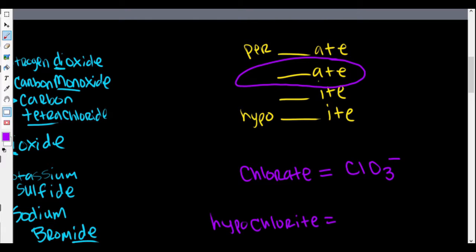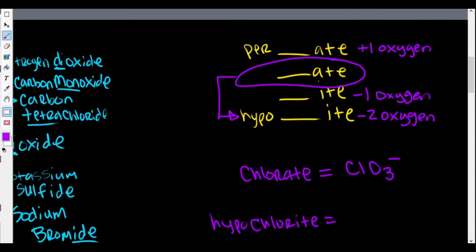Well, if this is -1 oxygen, this is -2 oxygen. And then this is +1 oxygen. So we're going from here down to here. So we're going to take away 2 oxygen. So we're going to have ClO minus.